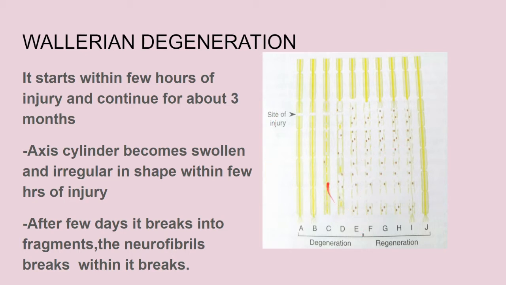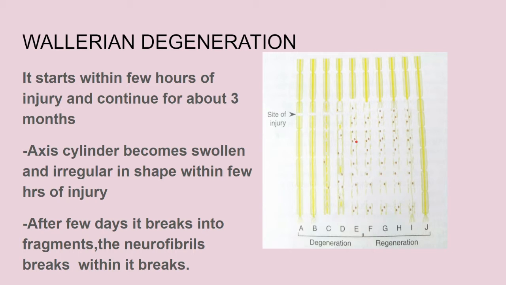Over here the axis cylinder becomes swollen and irregular in shape within a few hours of injury. After a few days it breaks up into small fragments. As you can see over here, it will break up into small segments. And the neurofibrils, I told you what neurofibrils are in my nerve video, are the filaments, or we can say the microfilaments, of the neurons.